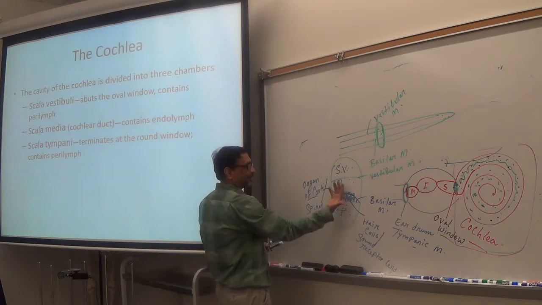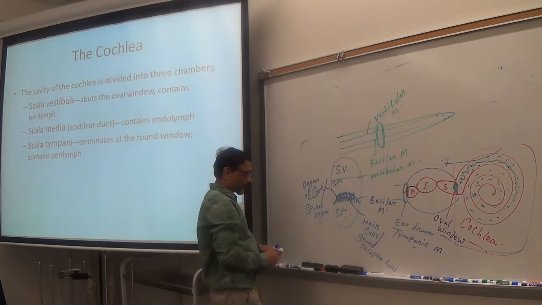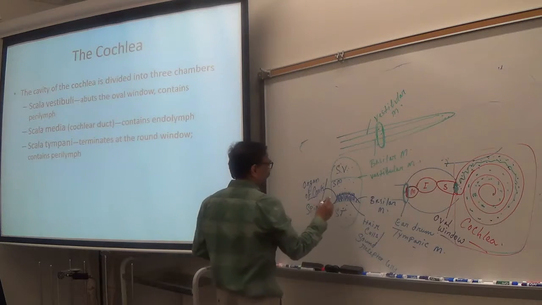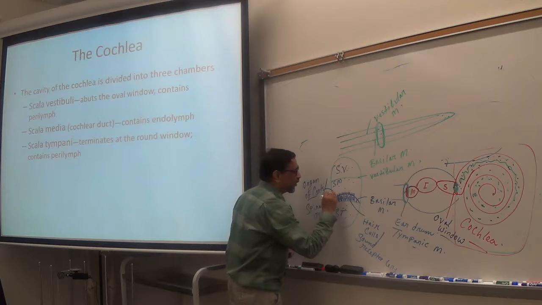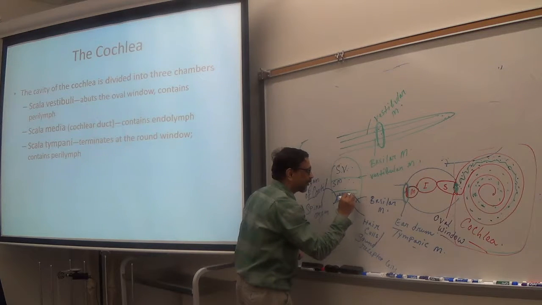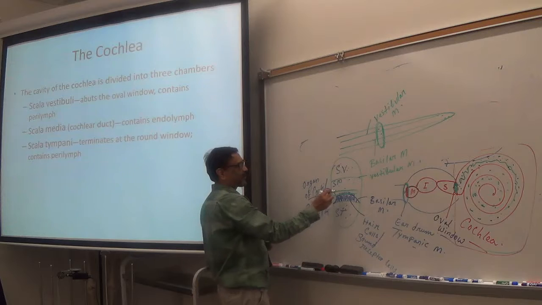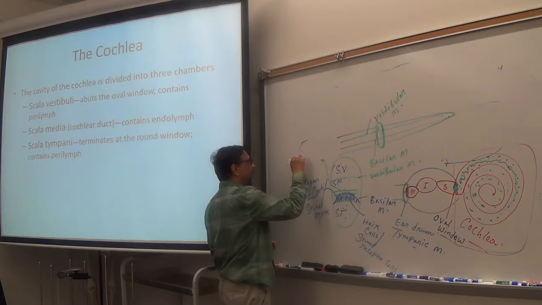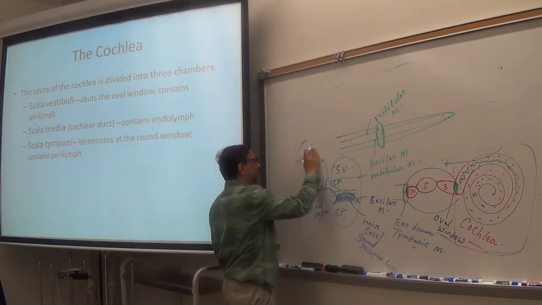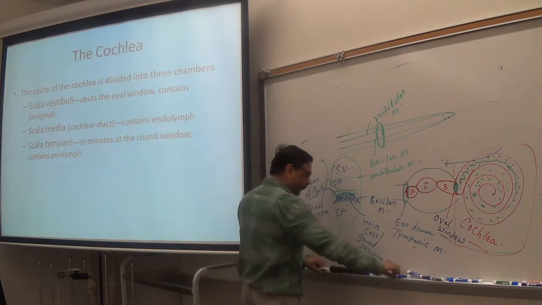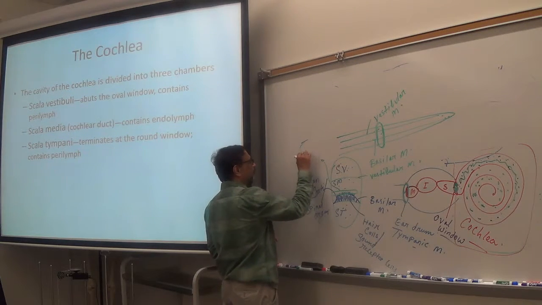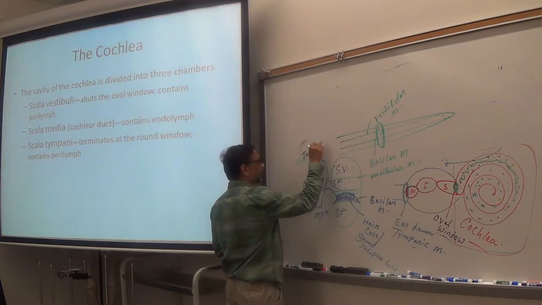And here it is like this. On the organ of Corti, another structure is here. That is called the tectorial membrane.